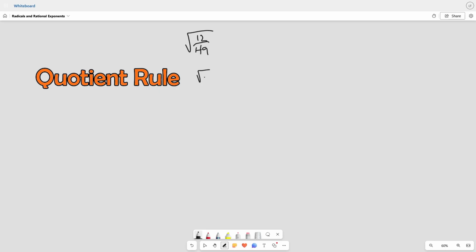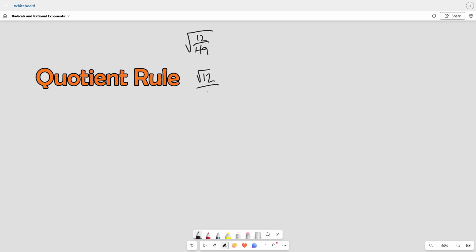Okay, so let's get into some examples. We have square root of 12 over 49, and we want to simplify this. So what I would do immediately is the quotient rule.